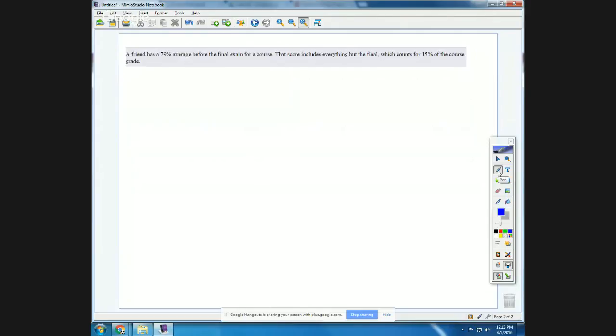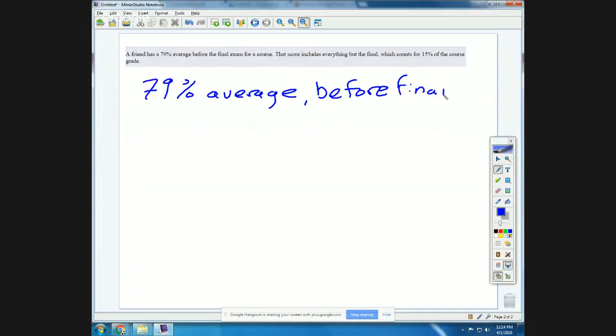Summarize it. Whenever I'm solving a problem, I always rewrite stuff. So we have a 79% average before the final. And the final counts for 15%.